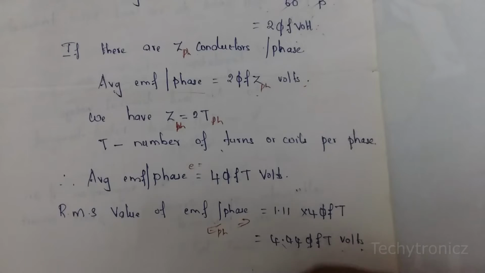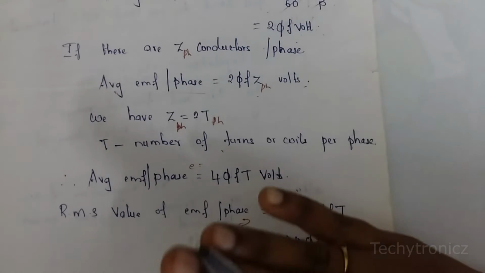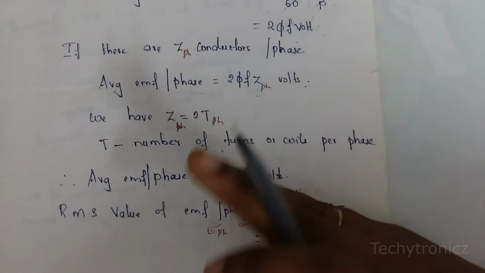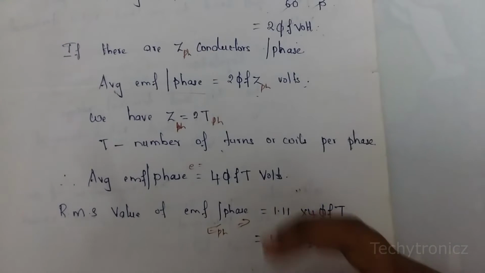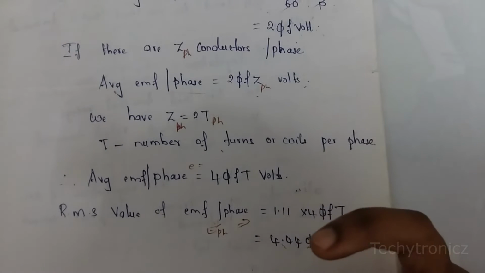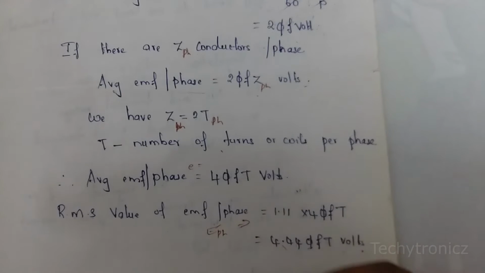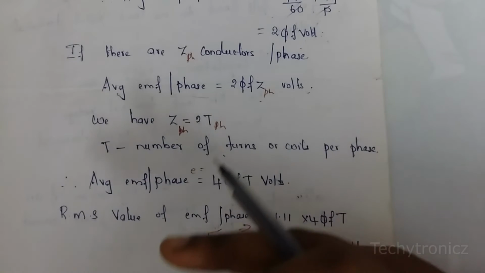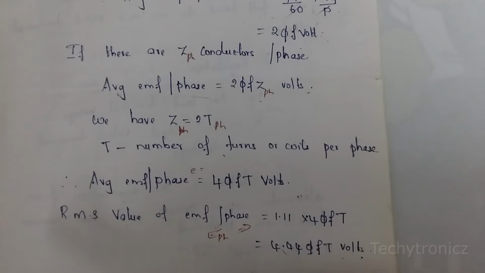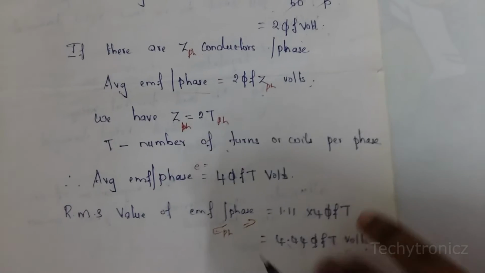When the rotor rotates, the armature conductors are cut by the magnetic flux, hence an EMF is induced, and the frequency depends on the number of poles and the speed of the rotor. Next you have to find the EMF equation of this alternator.